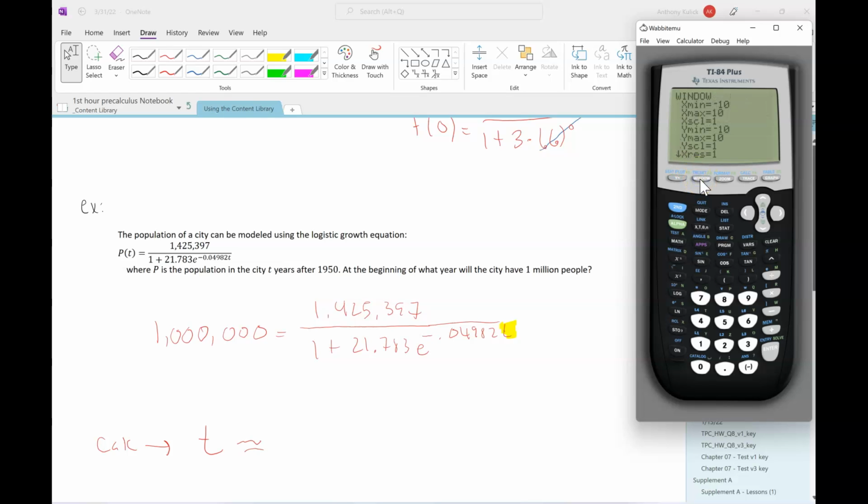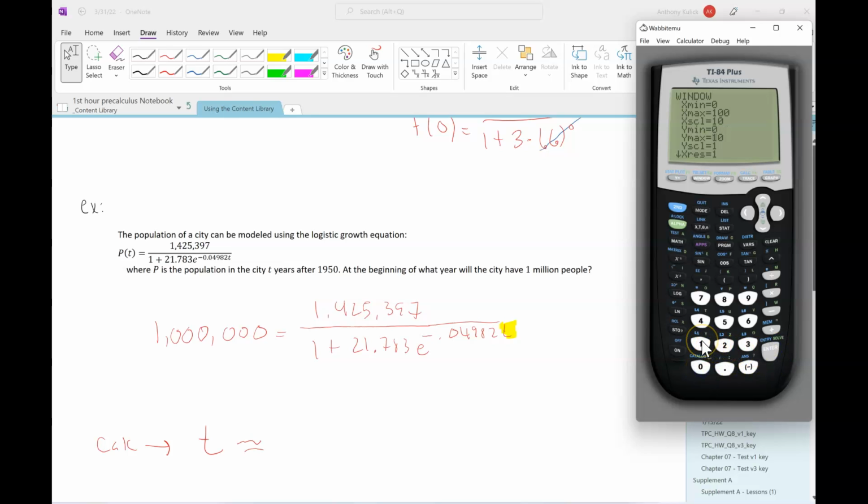We'll need to reset our window. So again, 1950 is basically year 0. I don't have any idea here, so I'm going to give it 100 years. I'm just going to guess. Again, my minimum we're going to go 0.